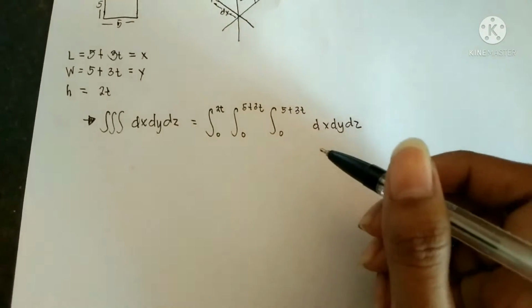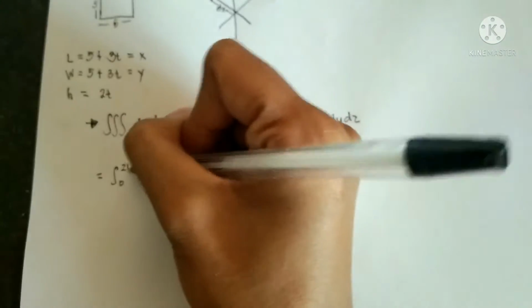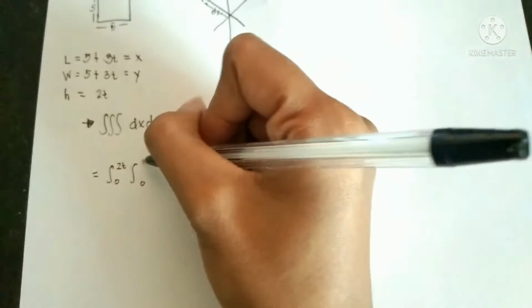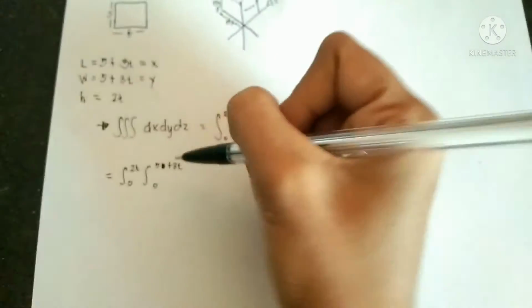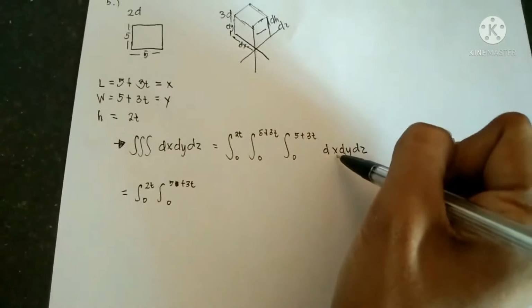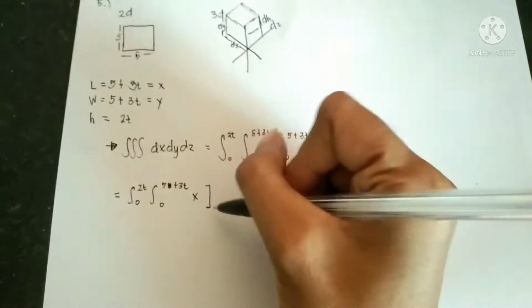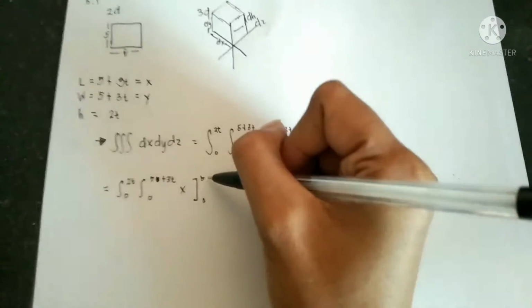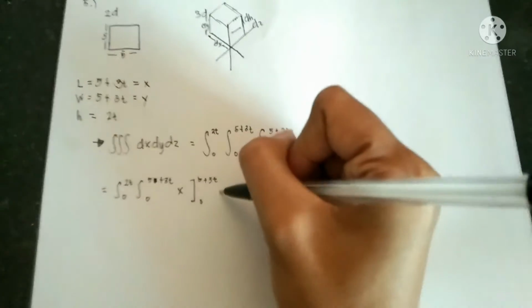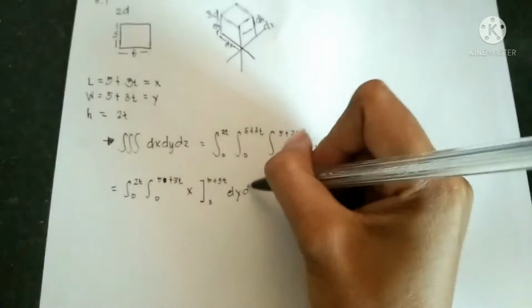So, magiging integral of 0 to t, the integral of 0 to 5 plus 3t, then the integral of dx, which is x, tapos yung value ng lower and upper limit, which is 0 to 5 plus 3t, dy, dz.